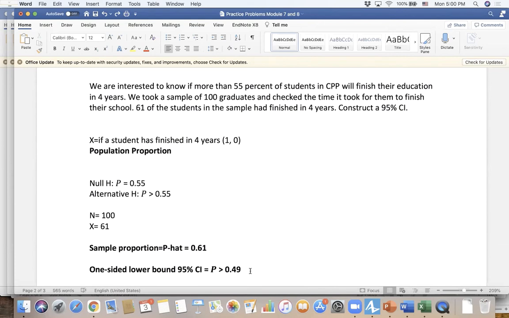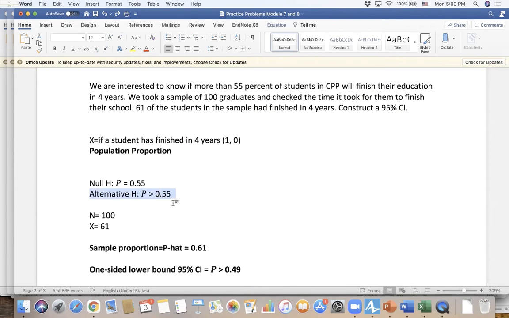Here I say P is greater than 0.49, meaning that P can even be 0.5, or 0.51. So I cannot say anything about P being definitely greater than 0.55.